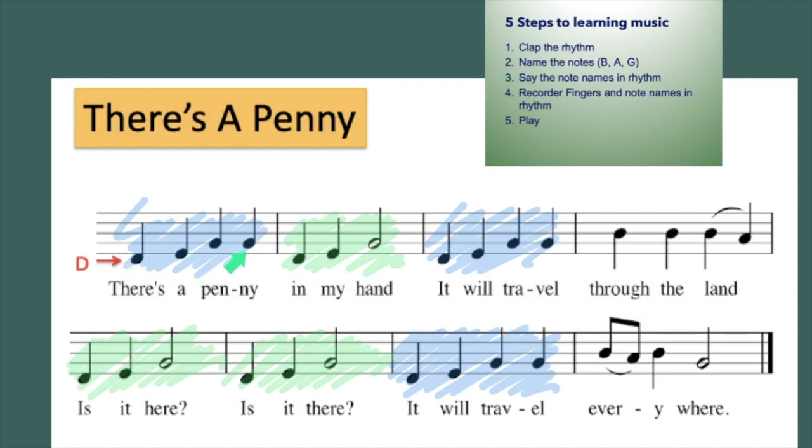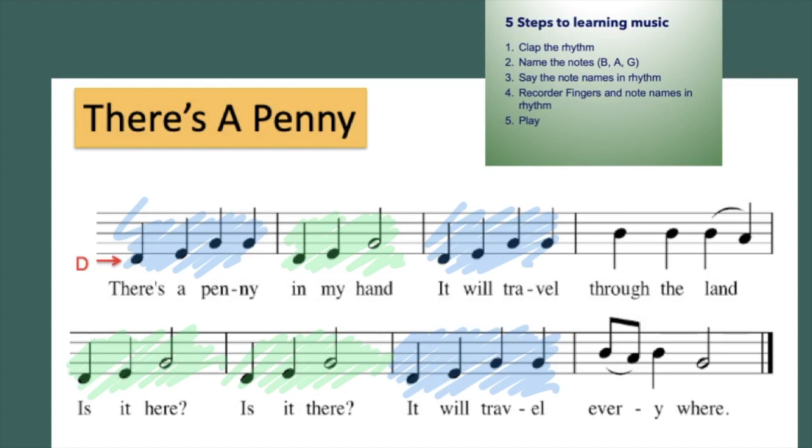Pause the video. Can you go through and say all the letter names at the right rhythm? So this one's going to be stretched out, and these two are going to be quick jogging. B, A, B, A, B, G. See if you can do the whole song at the right rhythm and saying the right notes.